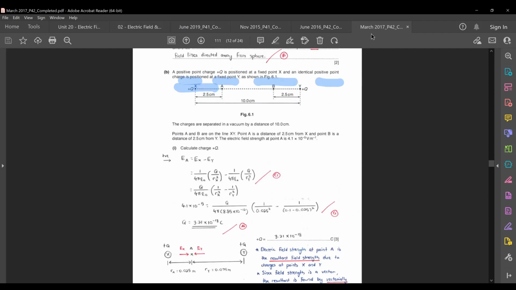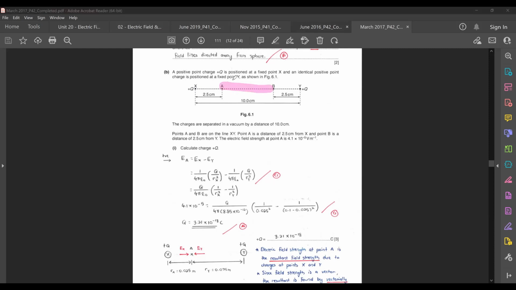So what they want is for you to sketch E with D. Your D is measured from A to B. Okay, if you read the question carefully, they say your D is defined from A to B. This is how your D is going to be measured.